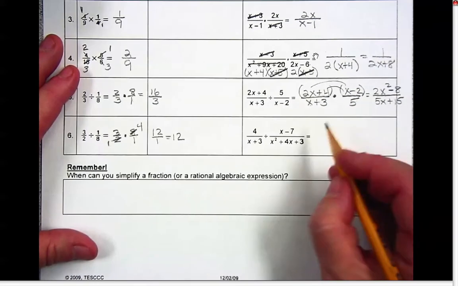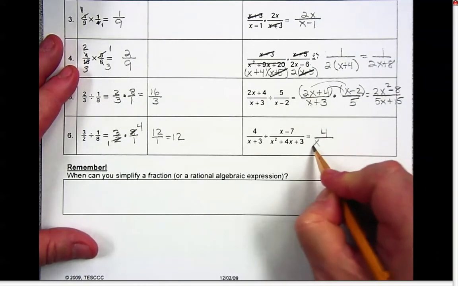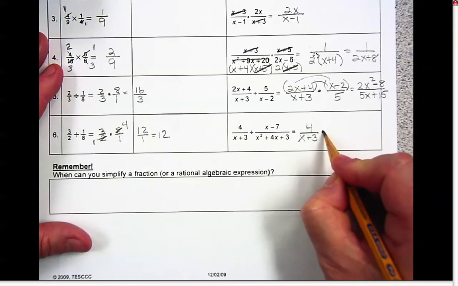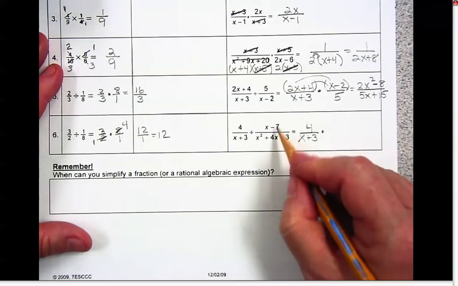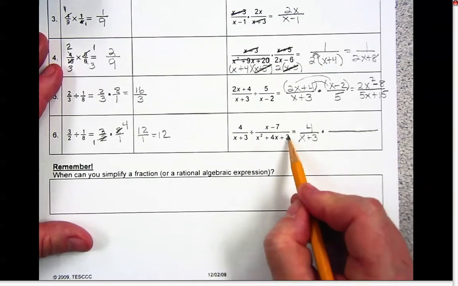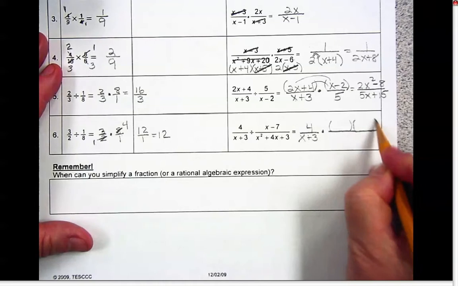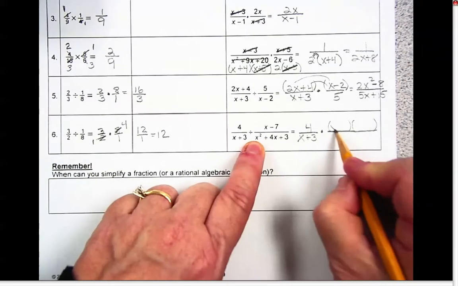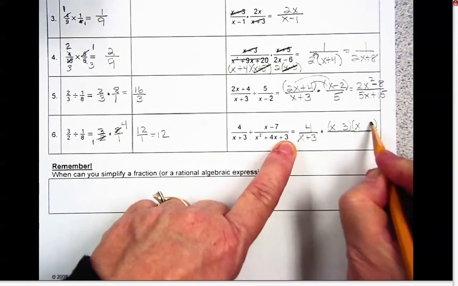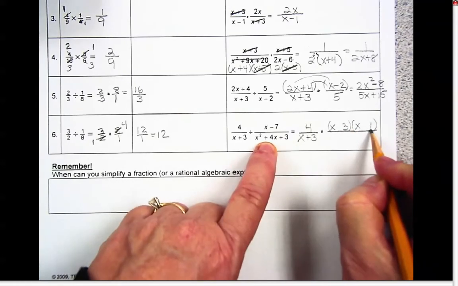Okay, so we're going to do the same thing here. We're going to do 4 over x plus 3, keep the first fraction the same, change the division to times, and then we're going to flip this fraction. But when we flip it, we're going to go ahead and factor this out. So we'll have 2 parentheses, we'll have x times x, and then for 3 we can use 3 times 1, and then we need to get a positive 4x.